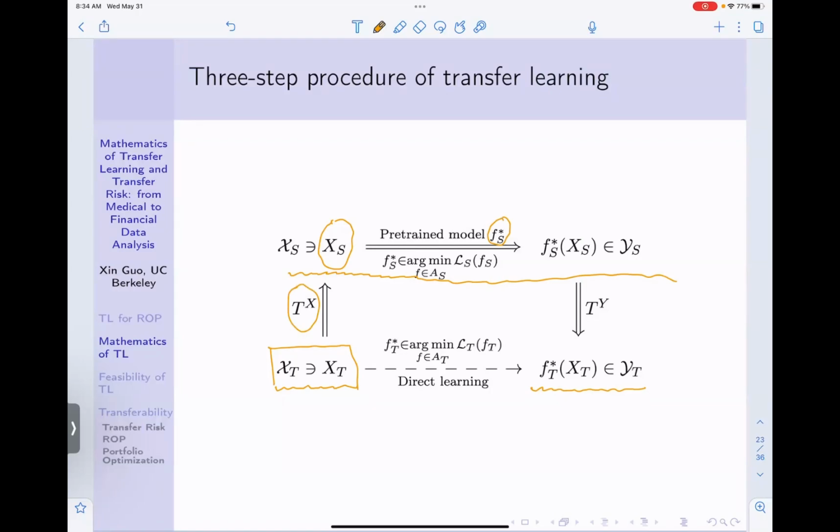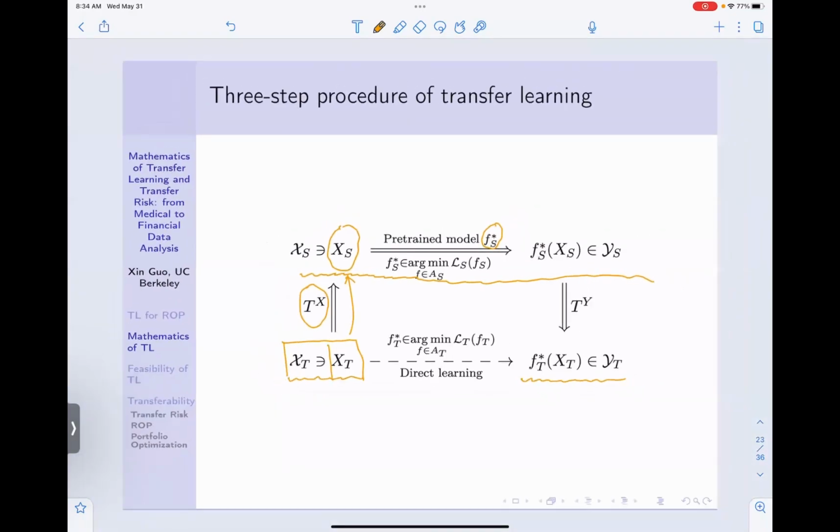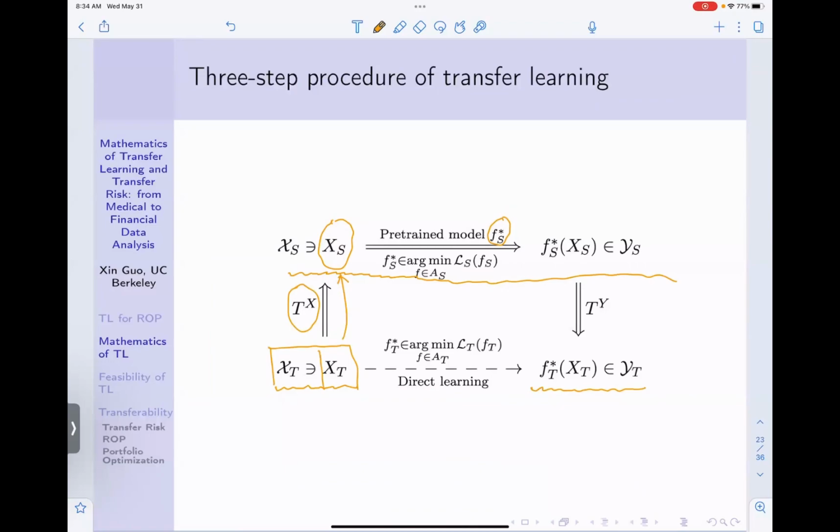You have to fit your new data set into the old data set that you have. Once you fit it, you apply the trained model and map this to what you are used to.